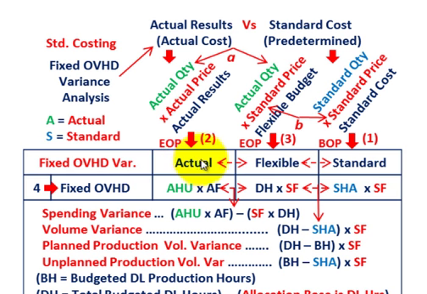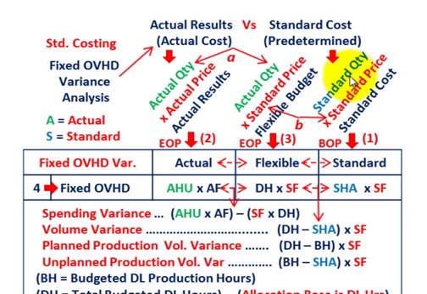Knowing our actual results for the period and the standard that we have established, we can set up what we call our flexible amount, or flexible budget, and then compare our actual amount with our flexible amount and with our standard amount. First, for our standard, you determine some standard quantity of fixed overhead.